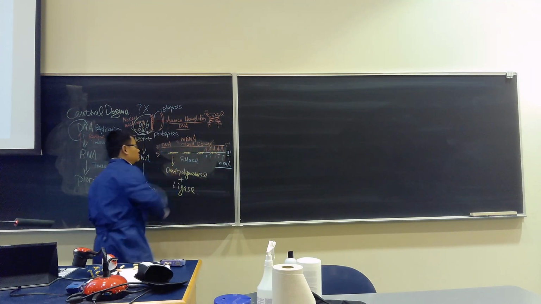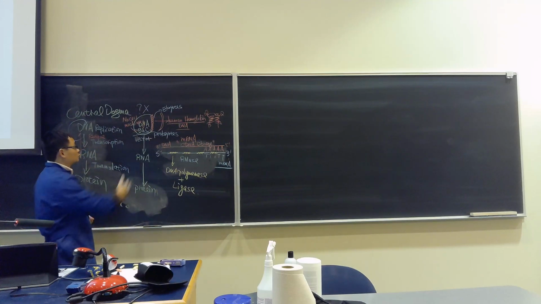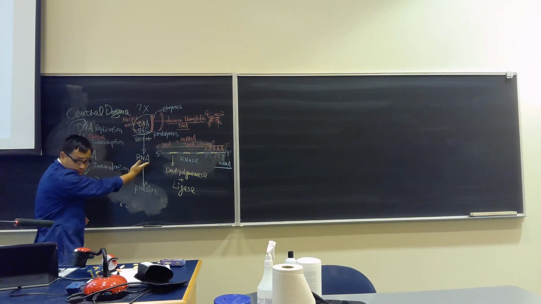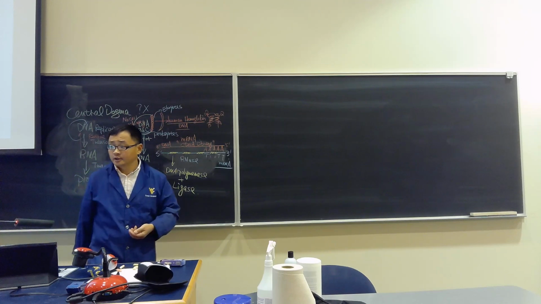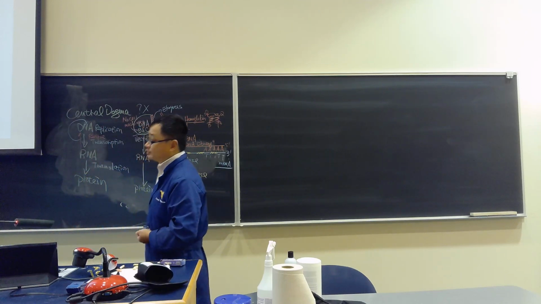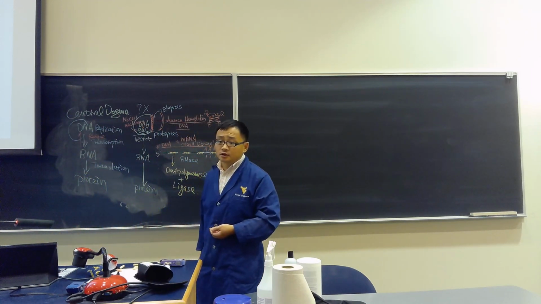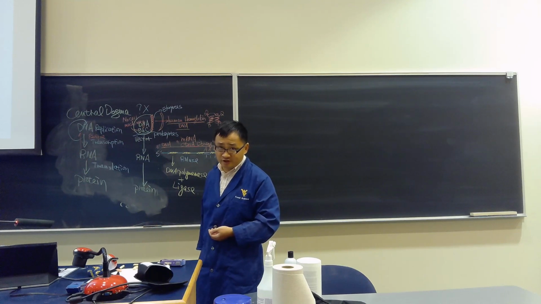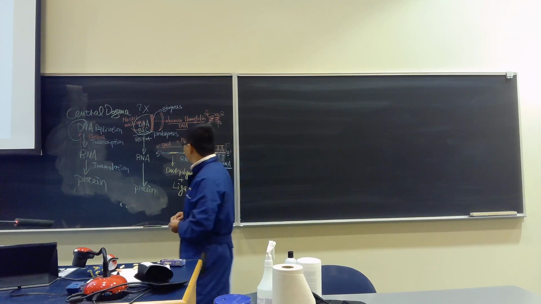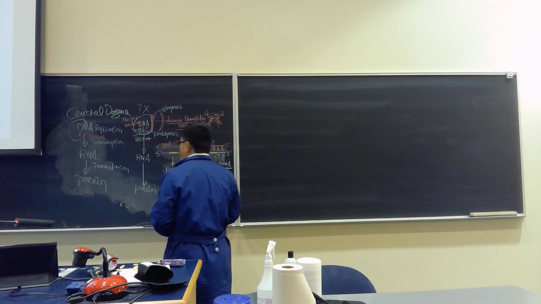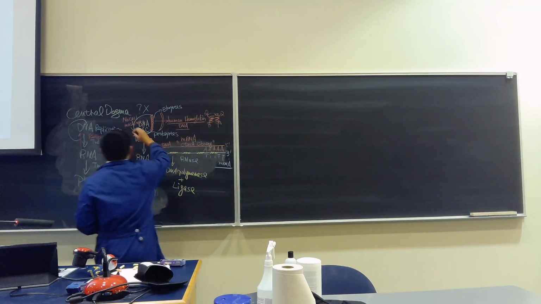That's what we got. And then we could do transcription and translation following that. This is where reverse transcriptase comes from. Now, of course, reverse transcription is carried out by an enzyme called reverse transcriptase.